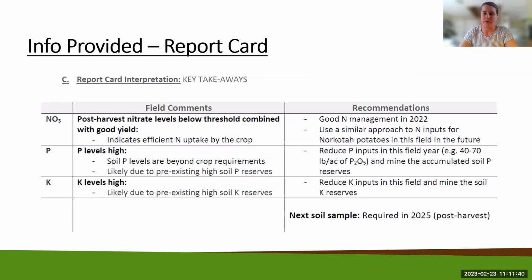Then I have these comments bringing that all together to make some indications of how efficiently some of those nutrients were used, how good nutrient management was. I also have this note at the bottom. It says next soil sample, and that's directly connected to the AEM code. There are requirements around soil sampling intervals, so we're commenting on that as well.